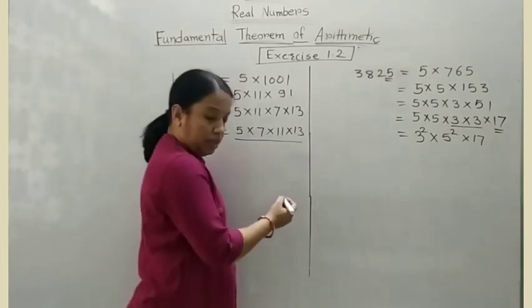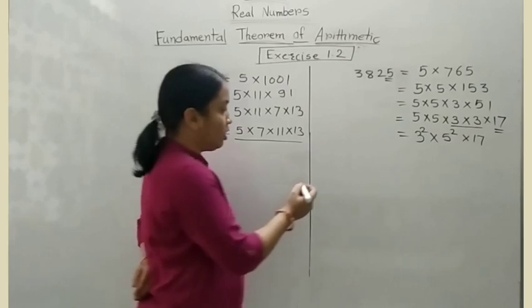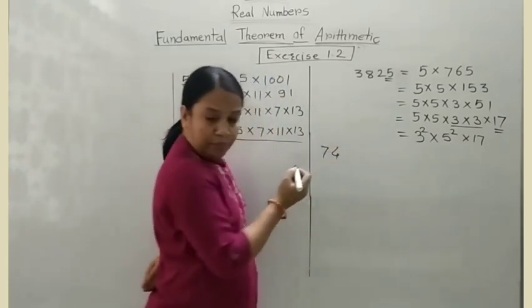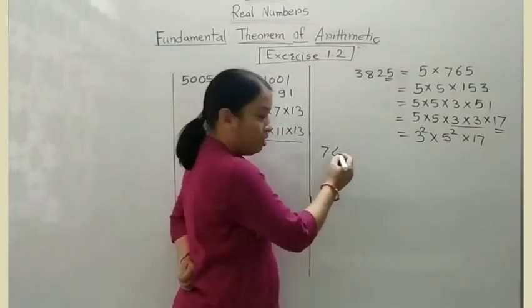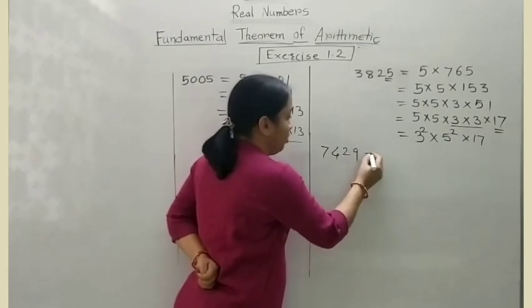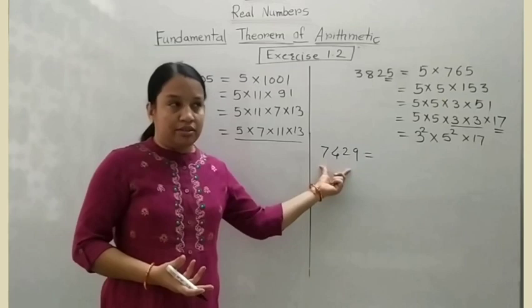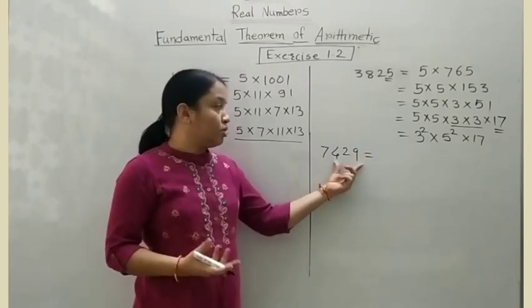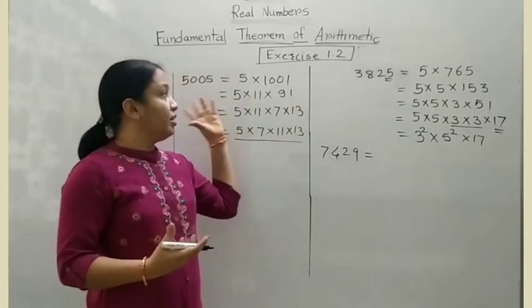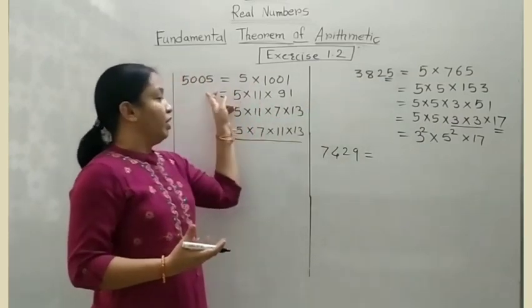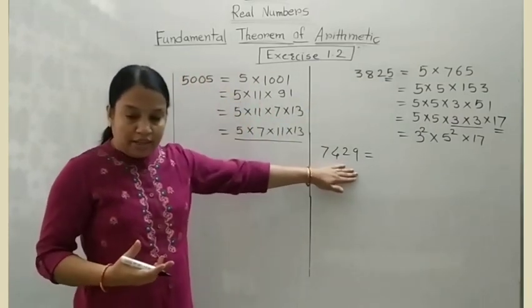Now the next number is 7,429. Practice some prime factorization like this, because it is not possible every time that you get the prime factors easily like 5. So here you have to search which number can divide this.